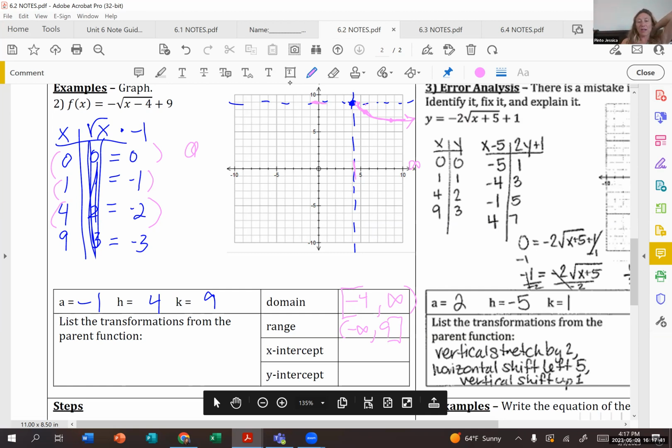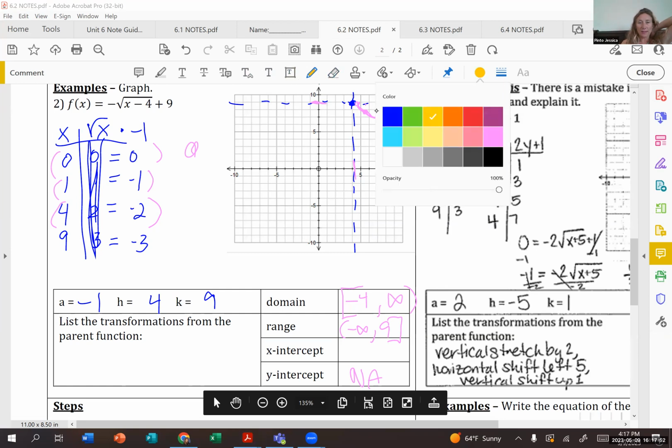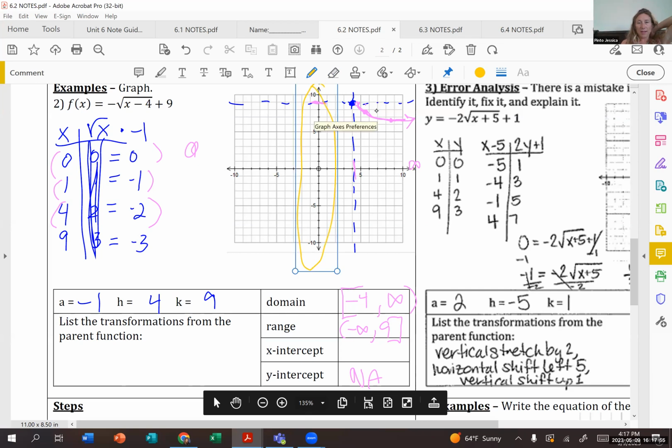That's very interesting. We can answer that right now as NA. Okay, why is it NA? Well, here's my y-axis, and then here's my function over here going in that direction. So I'm never going to go towards it. And that would make sense.